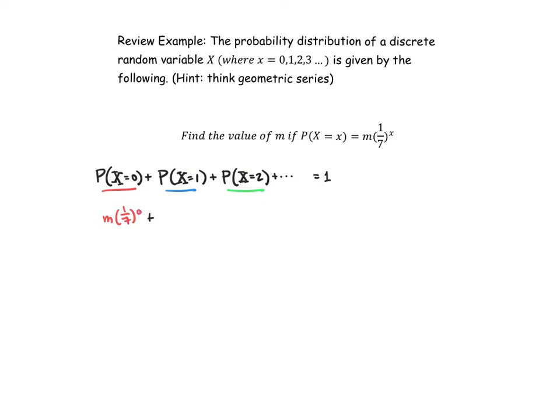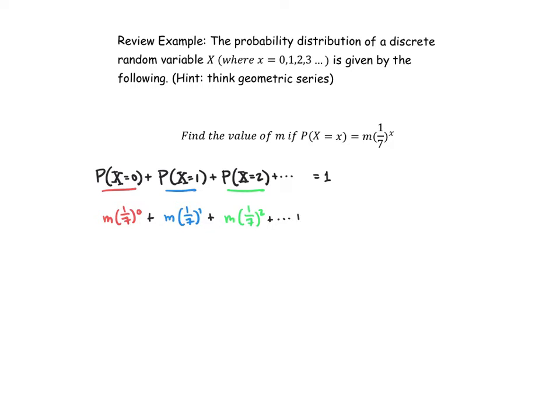Okay, let's find the probability that x equals 1. Well, that would be m times 1/7 to the first. 2 would be m times 1/7 to the second, and we would continue this.